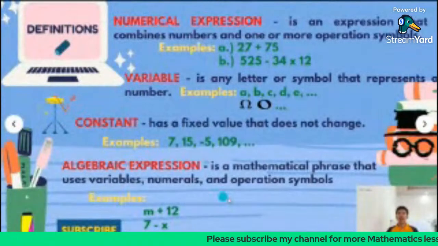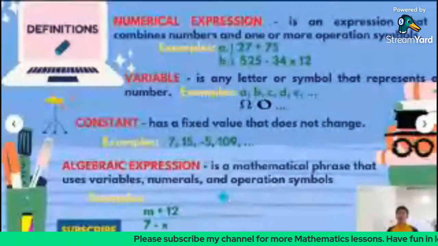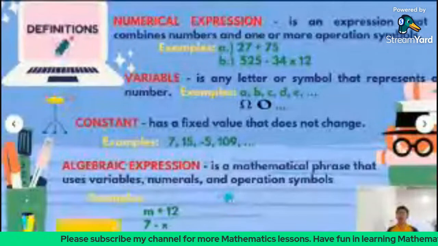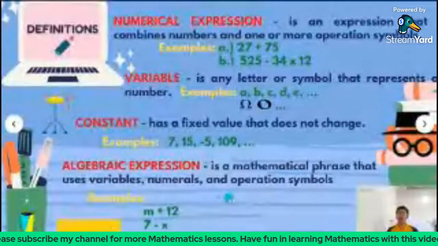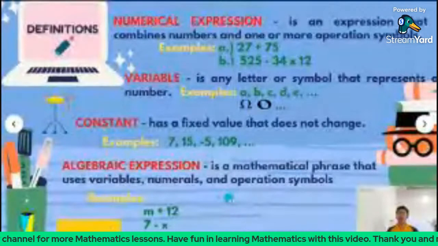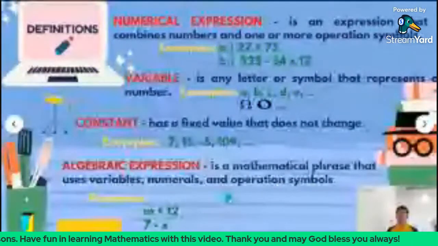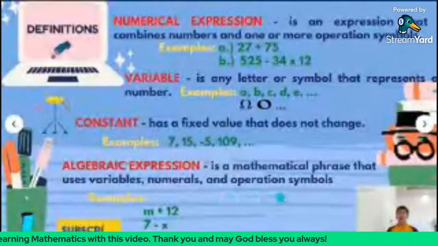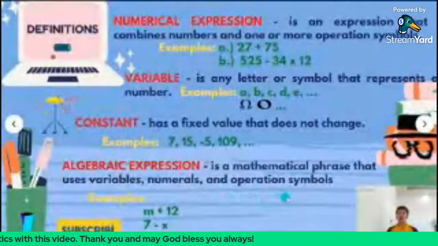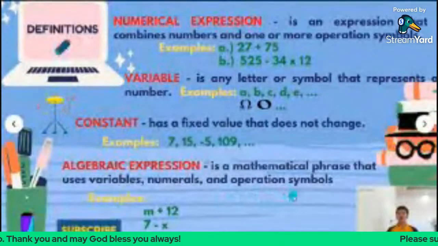Also, we have the division symbols. As you can see, these three represent division. For the words and phrases, we have division, divided by, the quotient of, or the ratio of.